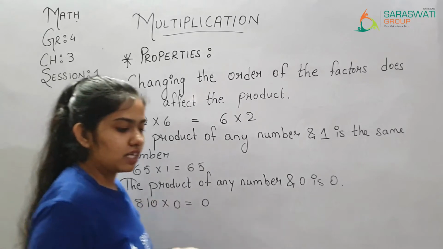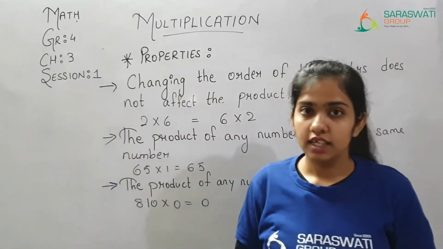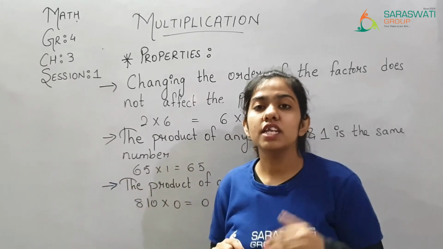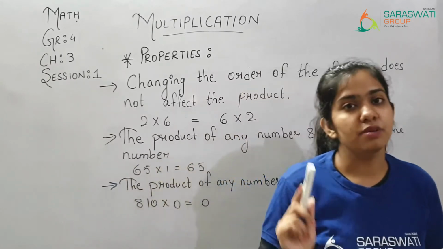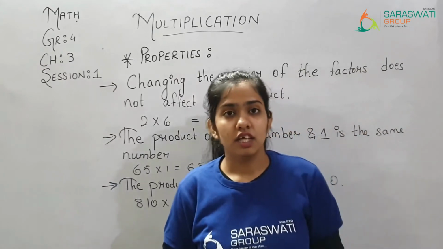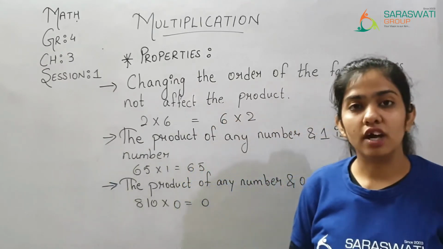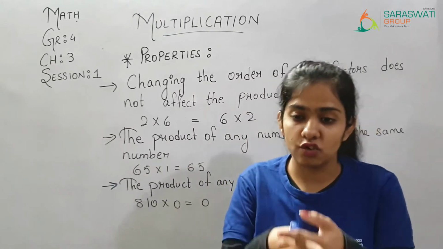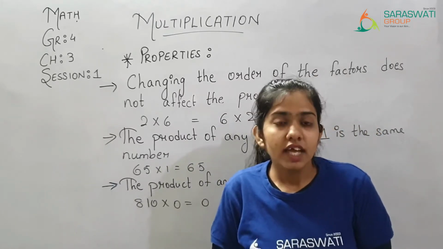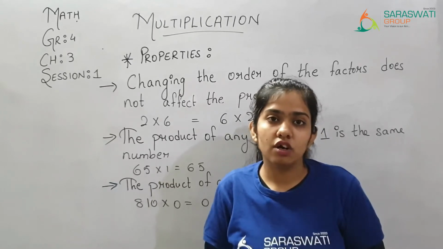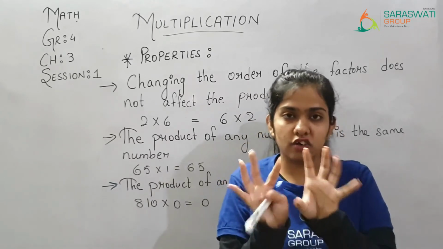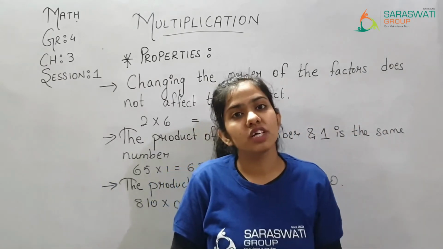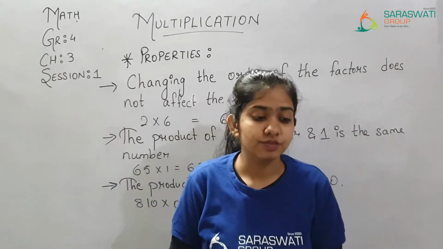When any number is multiplied with 1 the answer itself will be the multiplicand, but when any number is multiplied with 0 your answer will be 0 only. These are the 3 properties which you have already learned in your previous classes, which we have just recalled. Now we are going to start with some quick short recap session, some short examples of what you have learned in your previous session.